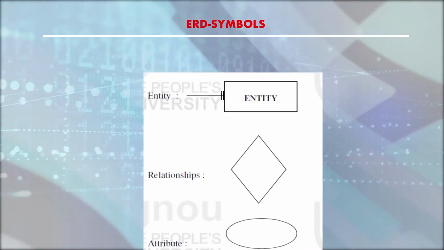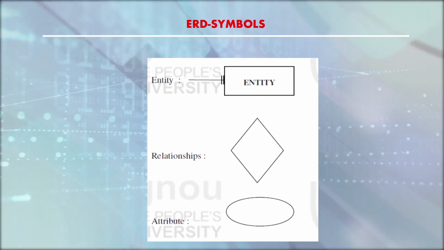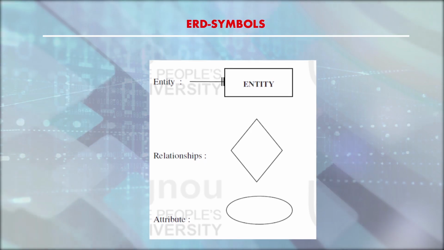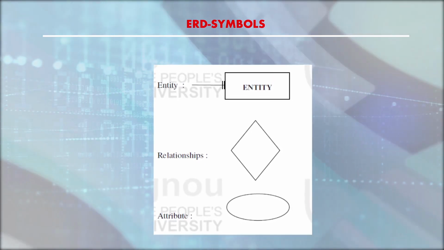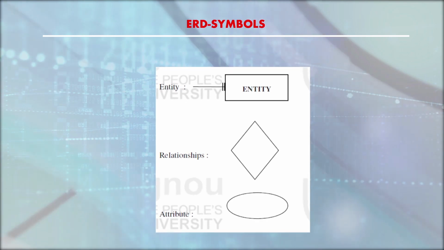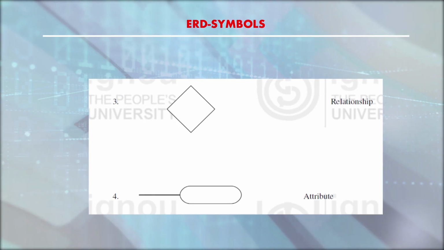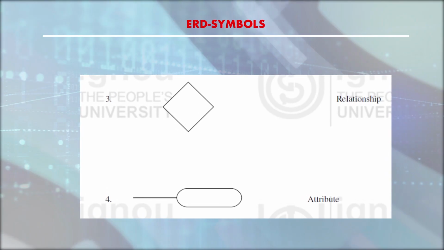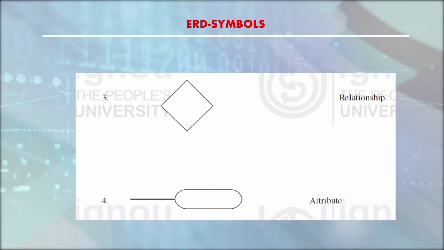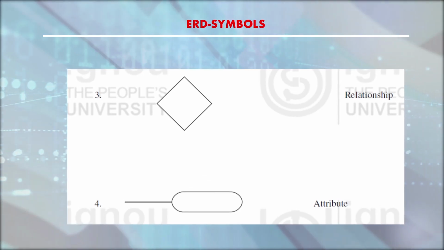So, in this entity relationship diagram, what are we actually going to use? We are going to use the entity, the relationship, and the attribute. Attribute of what? Attributes of entities. For that purpose we use some basic symbols. As you can see in the diagram, for an entity this particular symbol is used. Similarly, for the relationship a symbol is used, and similarly for the attribute a symbol is used.